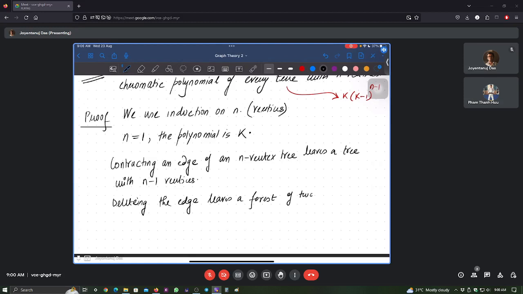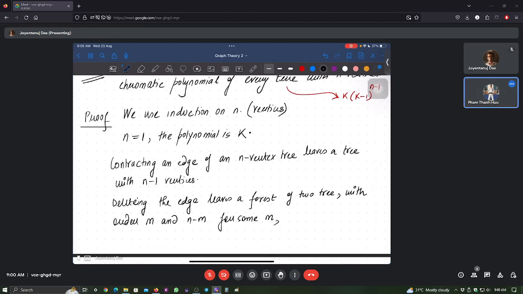So if we delete any edge, then the tree was connected, but now it becomes disconnected, and there are two trees, right, with order m and n minus m for some m between 1 and n minus 1, right?